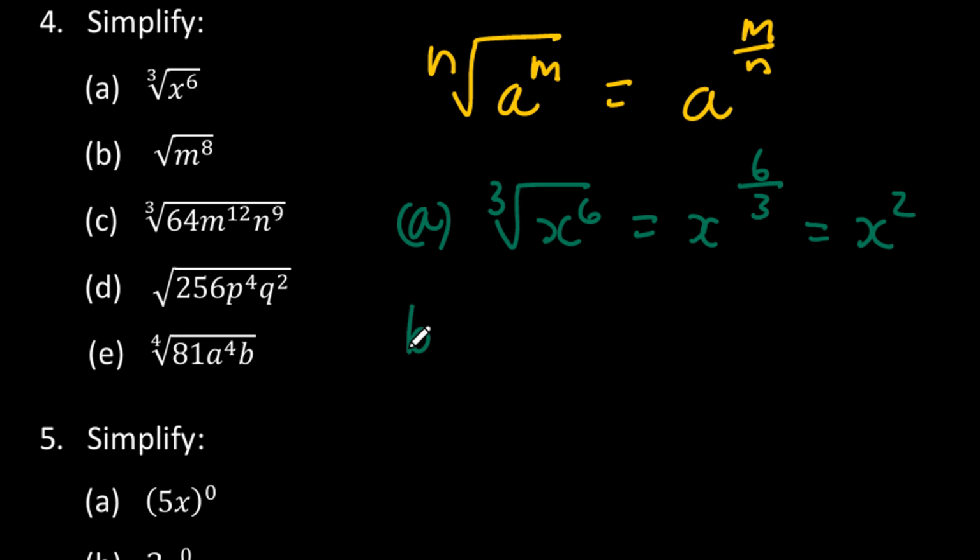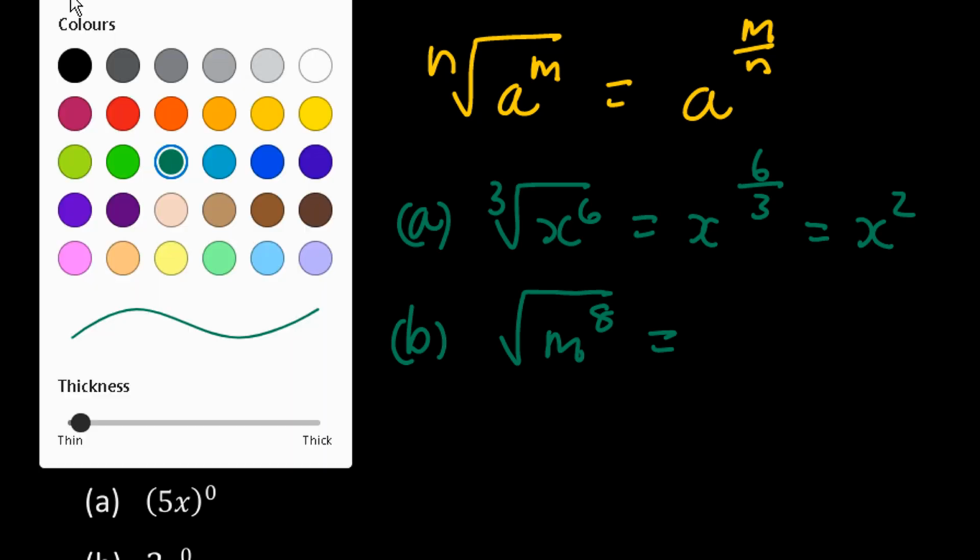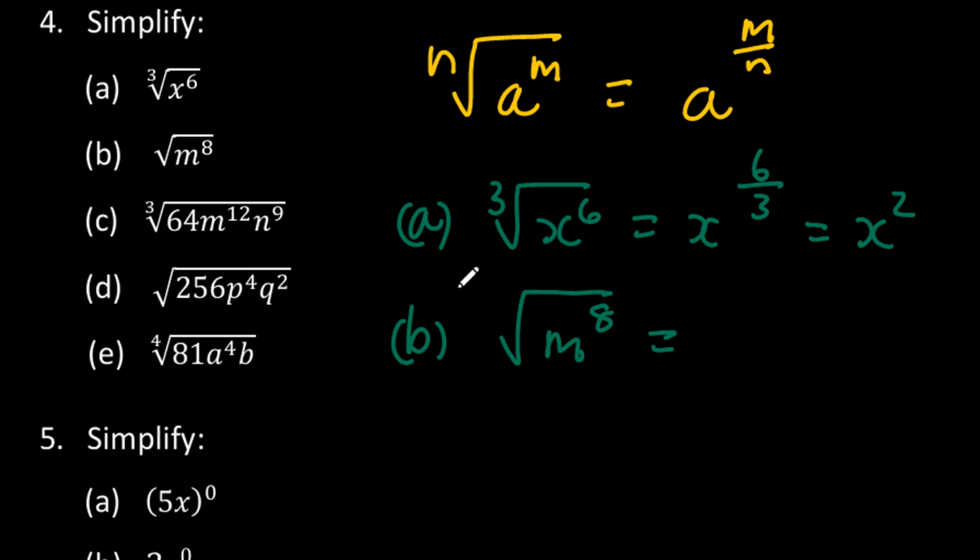Let's look at b. We have the square root of m to the 8. Once again, when we have a square root, we need to know that there's a 2 here that we don't write. So here n is equal to 2 and m is equal to 8.